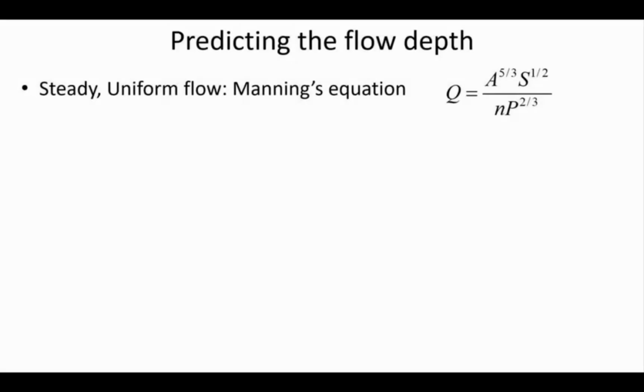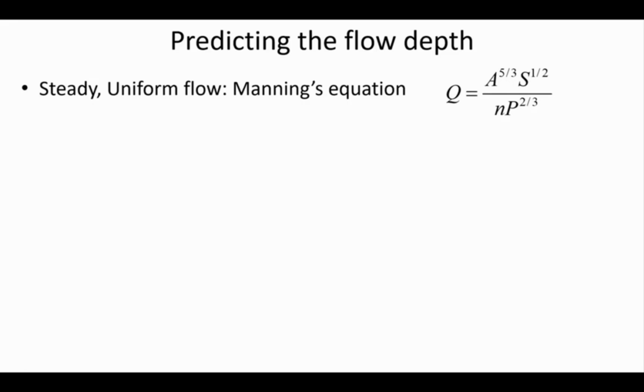Let's take stock of where we've been so far when talking about open channel flow. In the early days of open channel flow, when conditions were steady and uniform, we were able to apply Manning's equation, and this was our model to relate flow amount to the depth and the geometry of the channel and its slope and roughness.